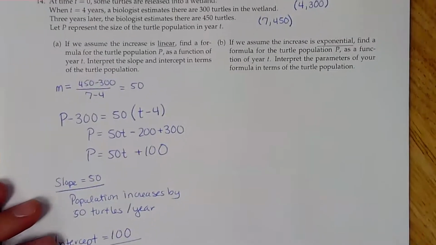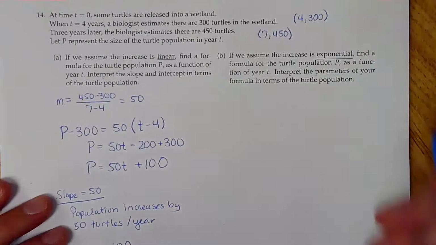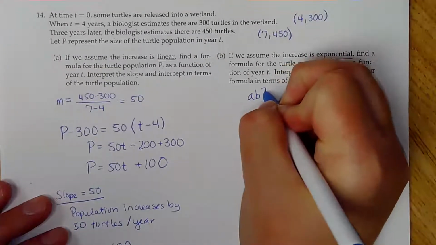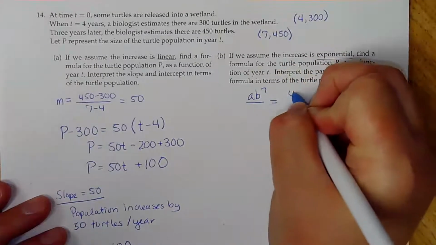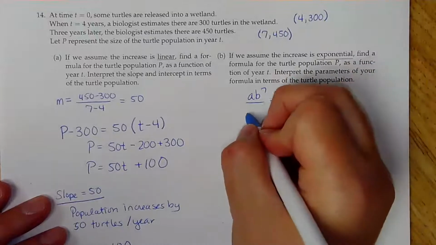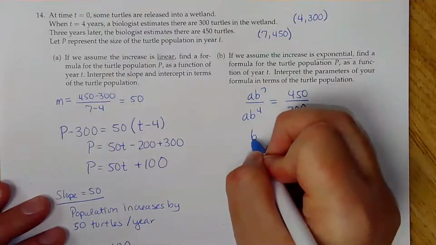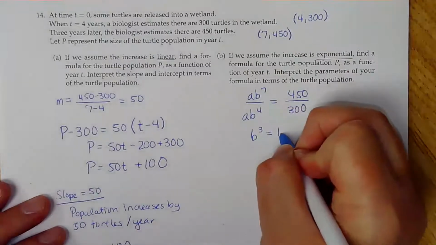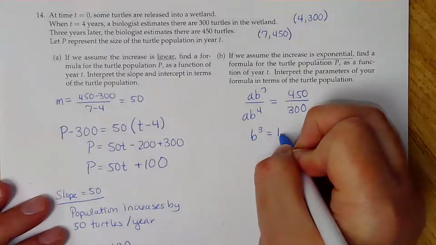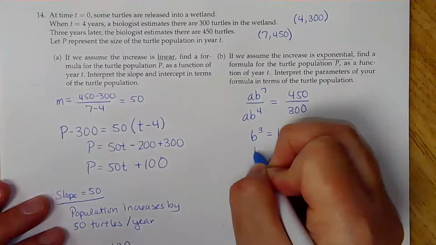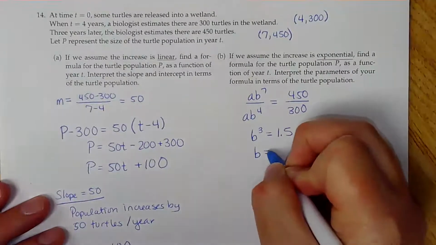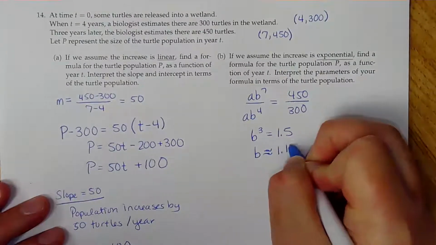And then our exponential model, we'll start by setting up that ratio. We have AB to the 7th is equal to 450 over AB to the 4th, which is 300. So it gives me B cubed is equal to 1.5. Okay, and then if I take the cube root of B, I'm going to get approximately 1.14.